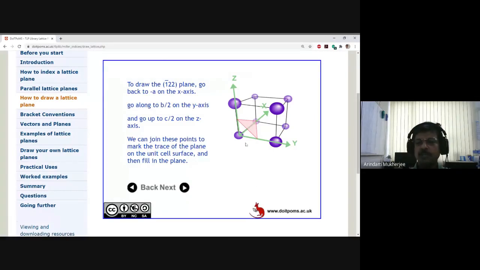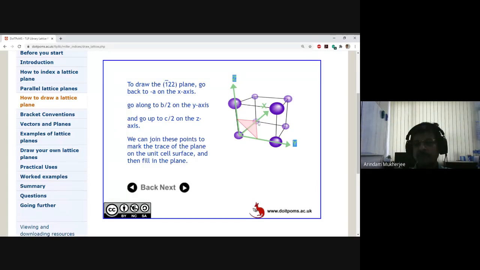So if you look at this plane, this is your origin over here. Okay, so you have gone from here. This is, let's say, half. So Z axis is half, X axis is -1, Y axis is half. If you have been asked to draw this plane, because you have a negative index on the X, it is easy for you to imagine the origin here.